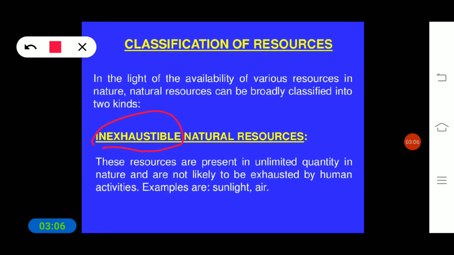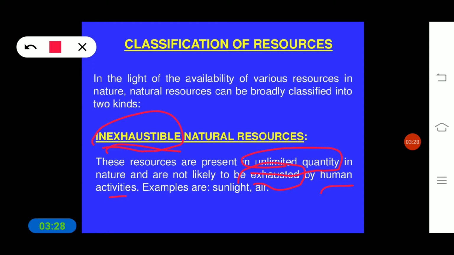See, the resources which are present in unlimited quantity in nature and are not likely to be exhausted by human activities, such resources we call inexhaustible natural resources.